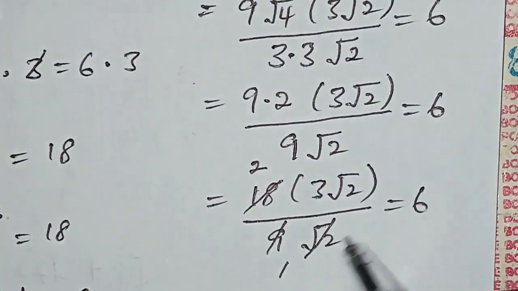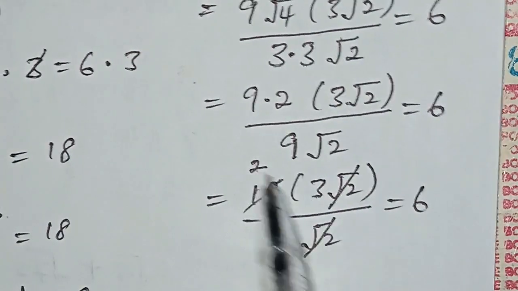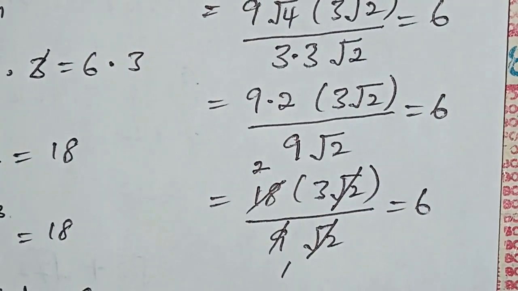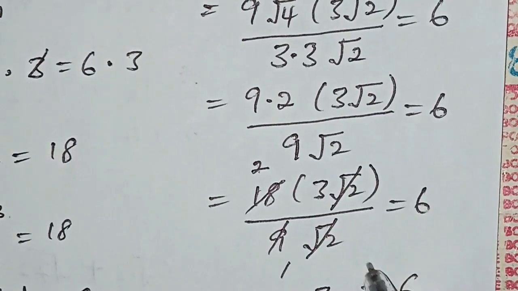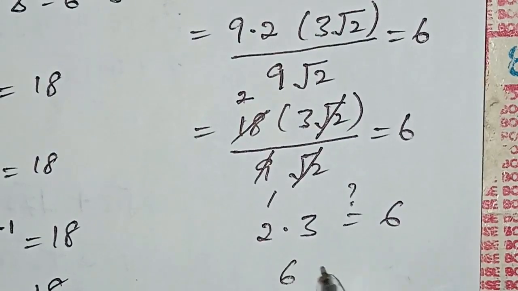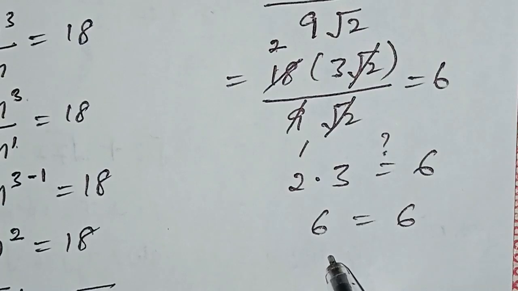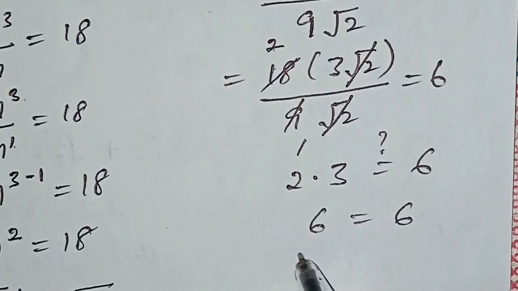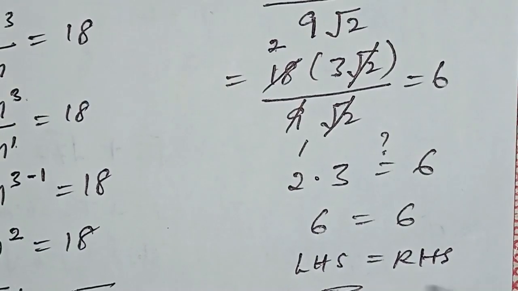Then this square root 2 cancels out with this square root 2. Then we are left with 2 multiplied by 3, so we have 2 multiplied by 3 equal to 6. Will that be equal to each other? So 2 times 3 gives us 6, and that is equal to 6. So this proves our value of m is correct, for the left hand side equals the right hand side.